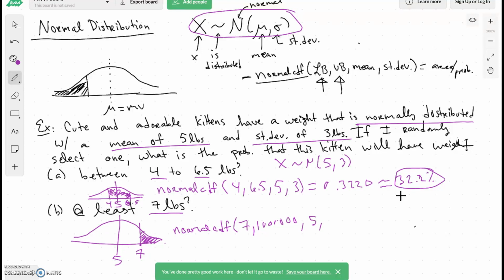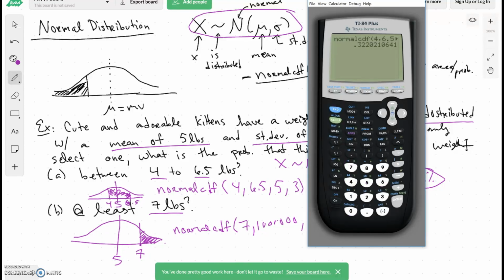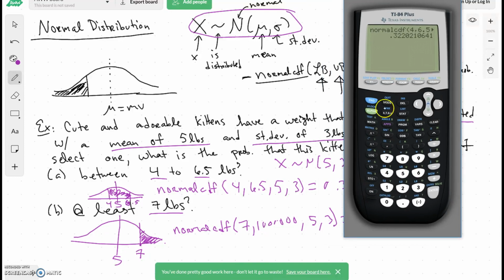My standard deviation is equal to 3. Now I'm going to go to my calculator: second, vars, go down to normal CDF. My lower bound is a 7. My upper bound is a really big number, so 1 million, however many zeros you want to put. My mean is still 5. My standard deviation is 3, and I'm going to paste it.